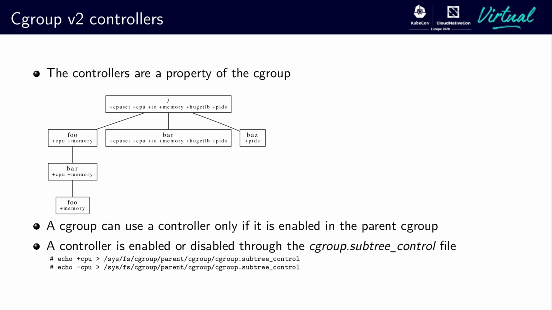The controllers are a property of the cgroup itself. So now we don't create a cgroup under a controller, but we enable a controller for the cgroup. A controller can be used in a cgroup only if it's already enabled in the parent cgroup. This is done through a new file, cgroup.subtree_control.